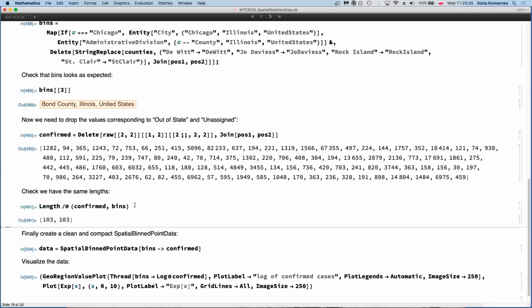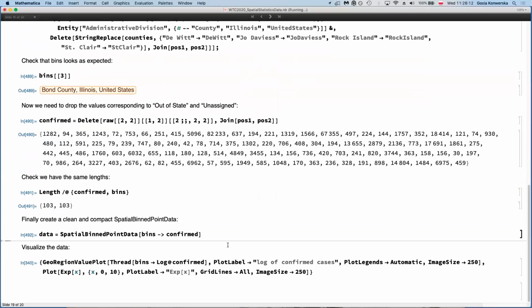Sanity check: are our lengths the same between the values and the bins? Okay. And then the nice part is that we create the spatial binned point data, with bins and values. And it's running.